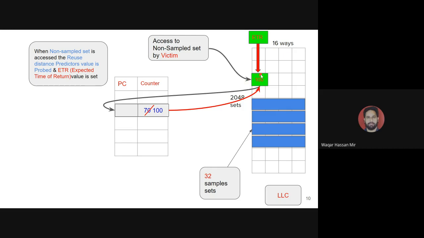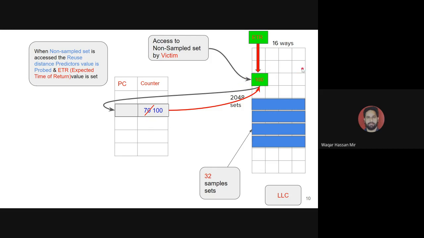But the important catch here is, if we can somehow measure the performance impact in non-sample sets, then whatever we have created, we should be able to quantify it. If we are able to measure it, that means whatever sets we have accessed have gone through the sample cache, right? The thing is, we just don't know. And this is really the long shot we are taking, like in the case of creating an eviction set.